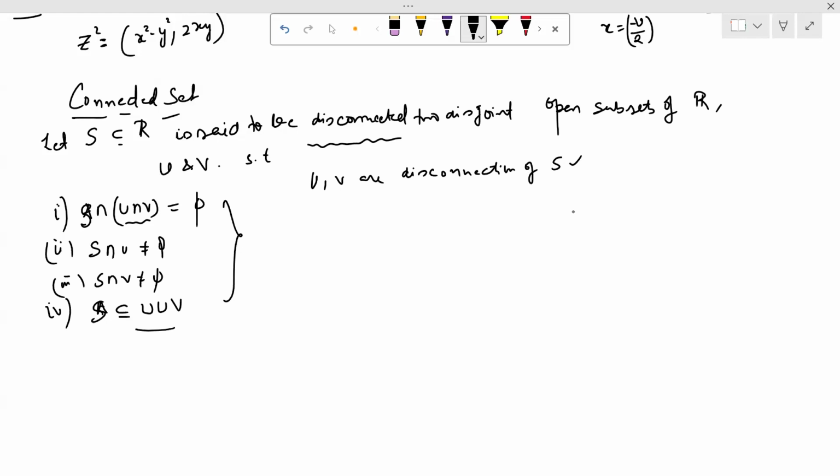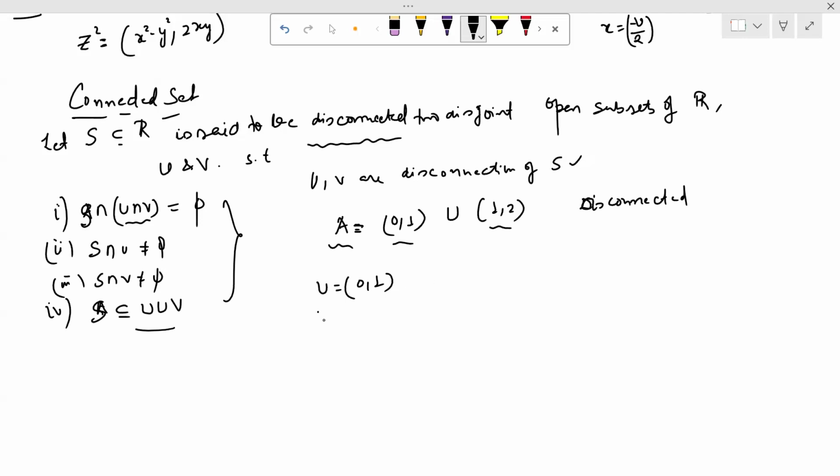Let me take one example to help you with this. Let us say A is equal to (0,1) union (1,2). What do you think, is this connected or disconnected? This is a disconnected set. Why? You can clearly see that these are two open intervals, and open intervals are open sets.